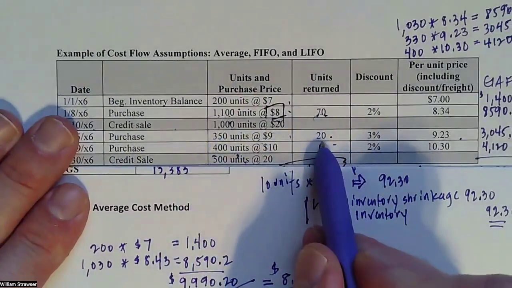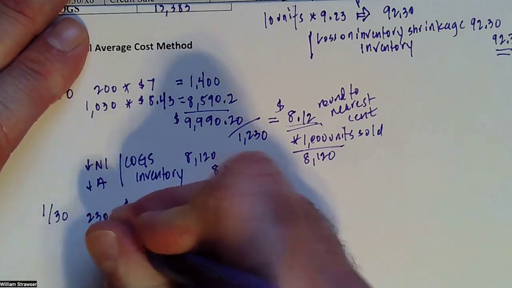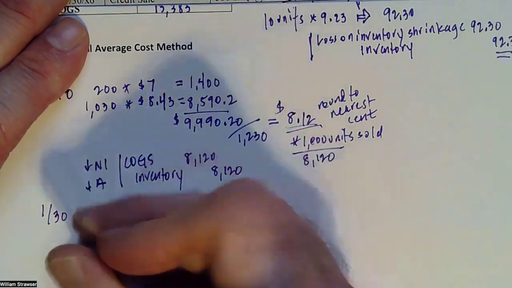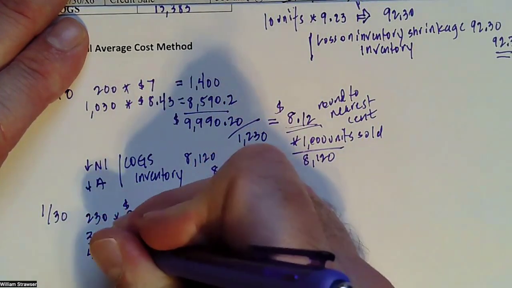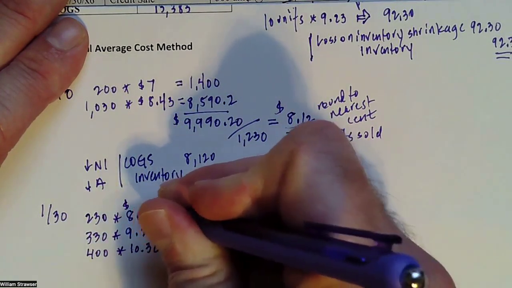Then I go to 350, but I return 20. So I have 330 at a price of $9.23. And then 400, the final purchase, times $10.30.